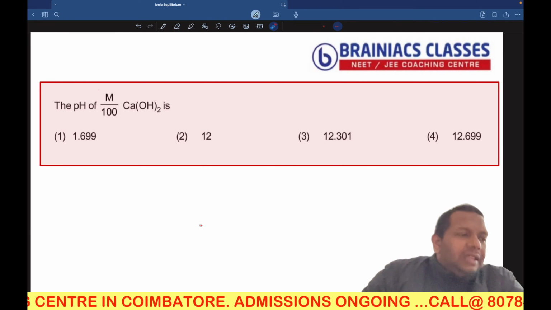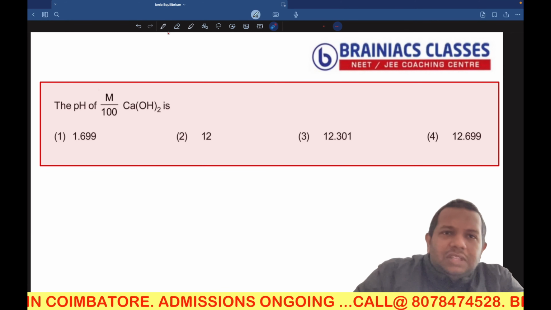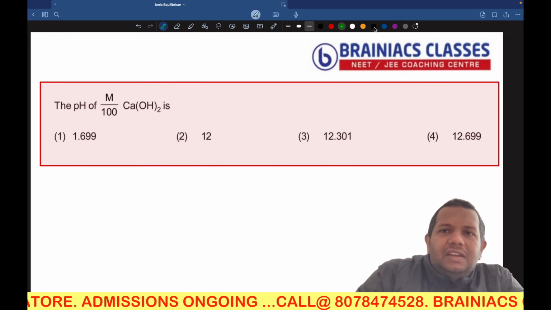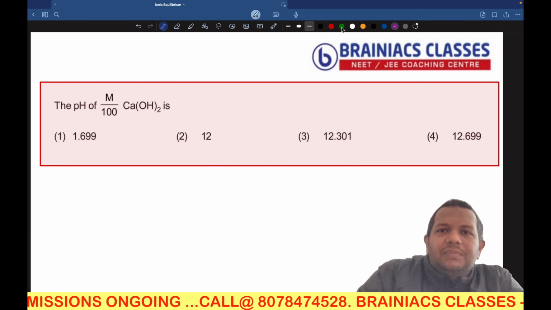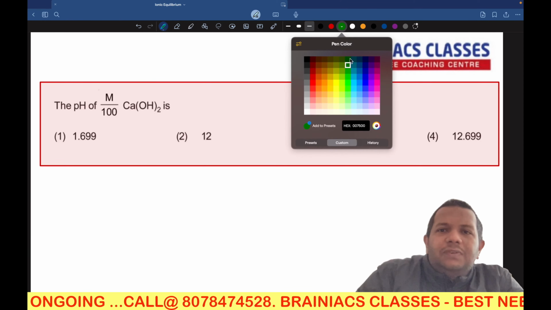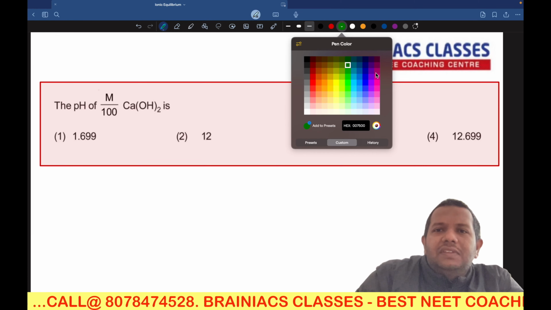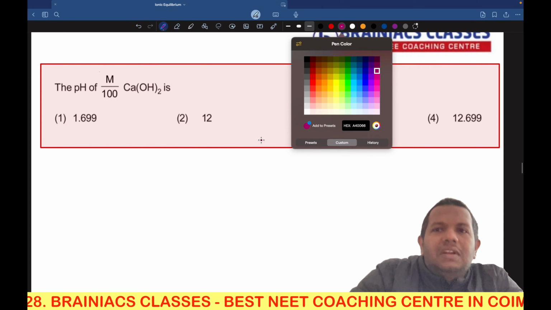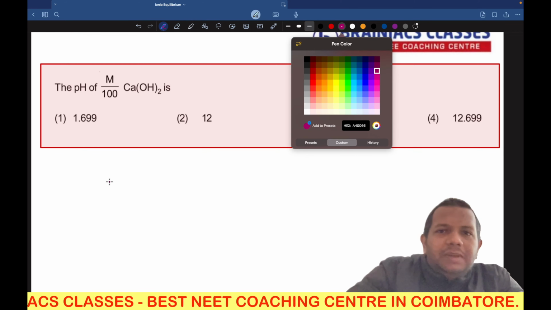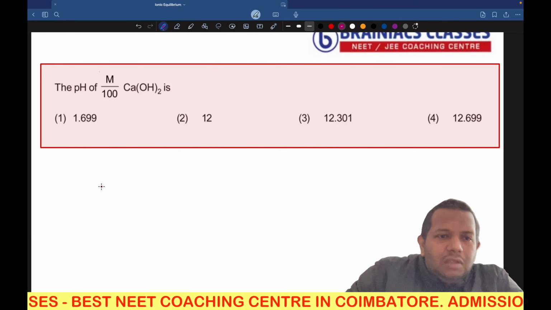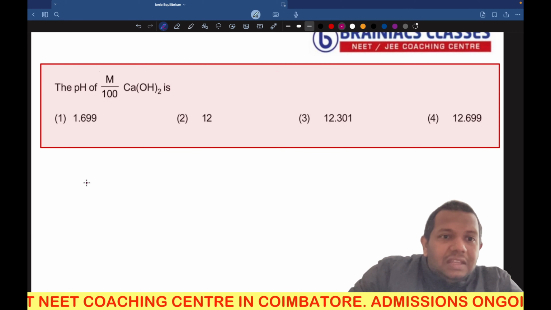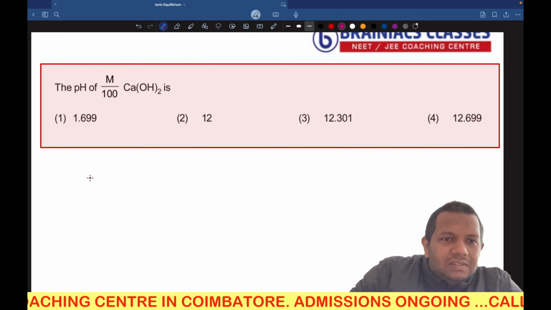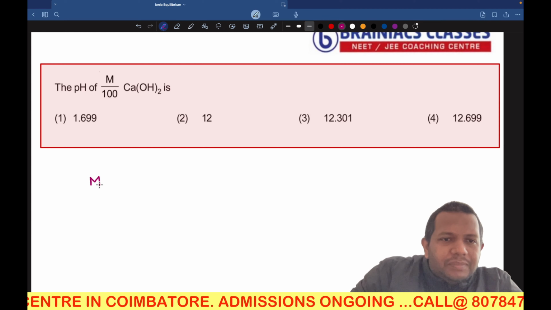Now here, one important thing. What is the first point to analyze? I would always say the first point to analyze is the concentration of calcium hydroxide. We know calcium hydroxide is a base. Here they have mentioned that the calcium hydroxide present is M by 100.